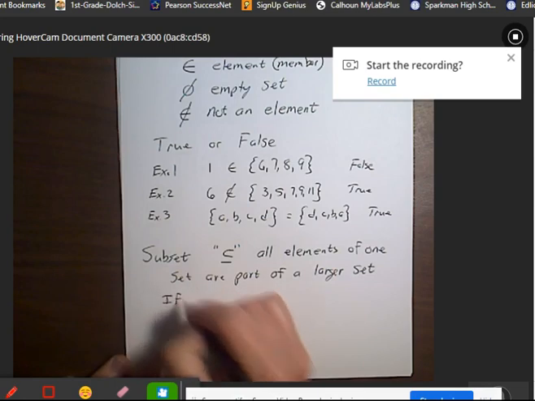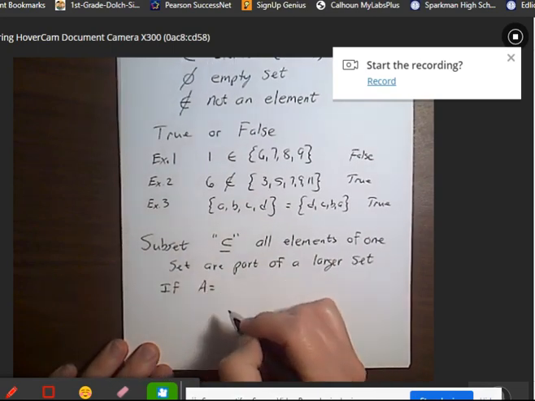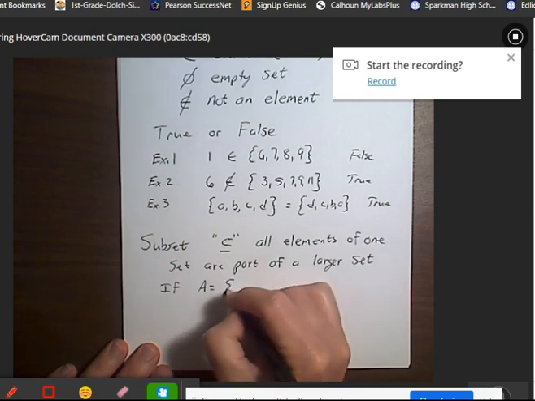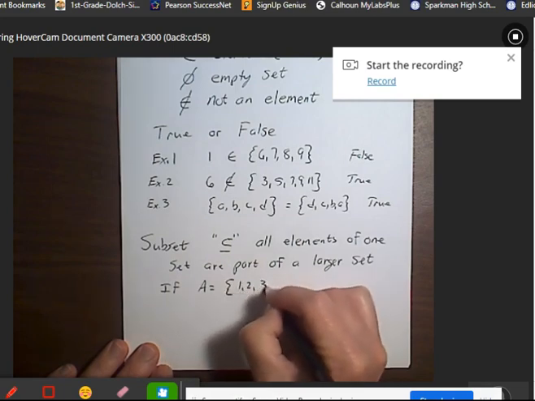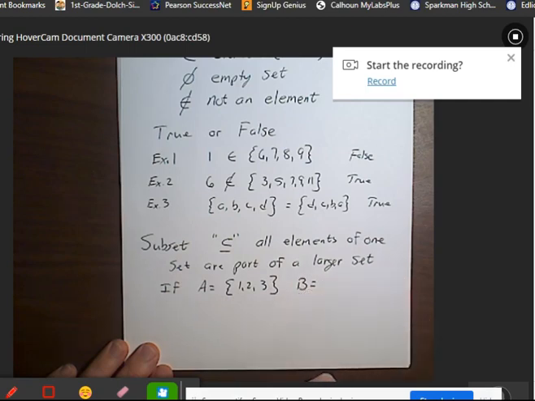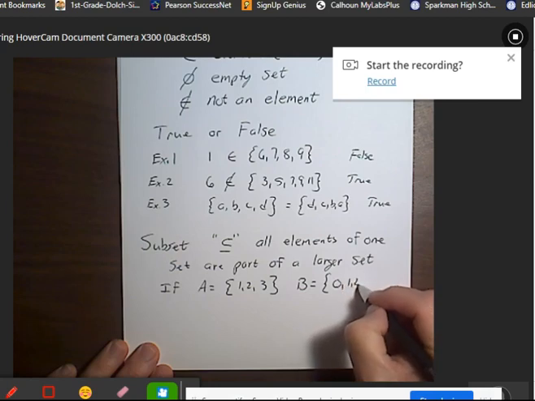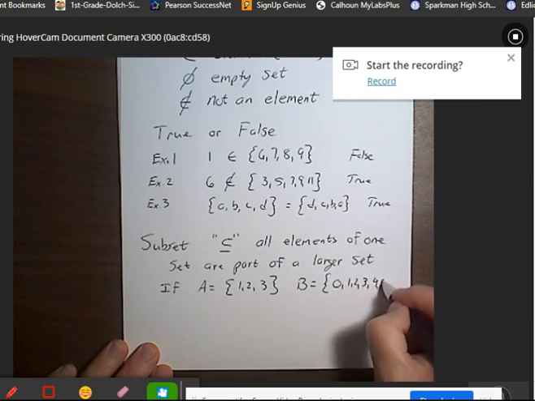All right, and just so you get some examples here, let's say that set A is 1, 2, 3, and set B is 0, 1, 2, 3, 4, 5.